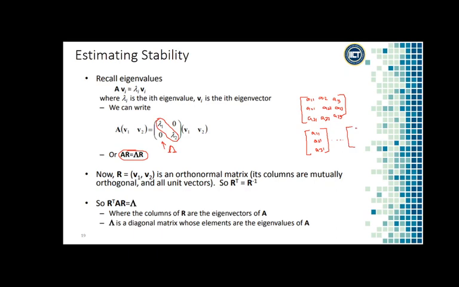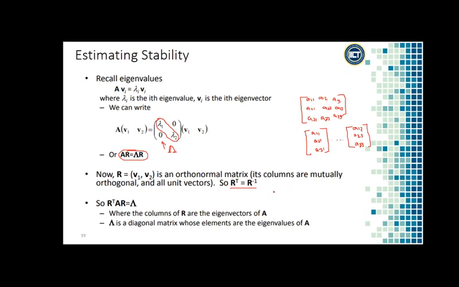Similarly, we have A13, A23, and if we multiply with the subsequent vectors, they should be orthogonal. And they are all normal to each other, so that's why we call them orthonormal. So this is the property which we are getting: R transpose is equal to R inverse.